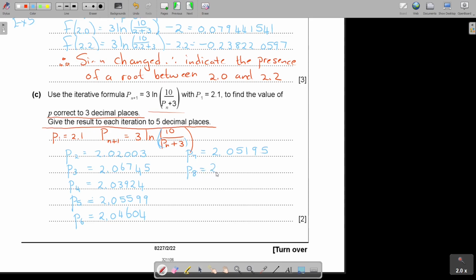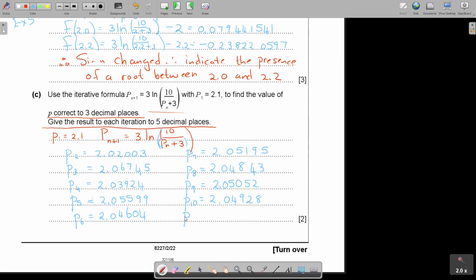And then I go on, and then it's 2.04843, and then I go on, and it's 2.05052, and then I go on, and it's 2.04928.